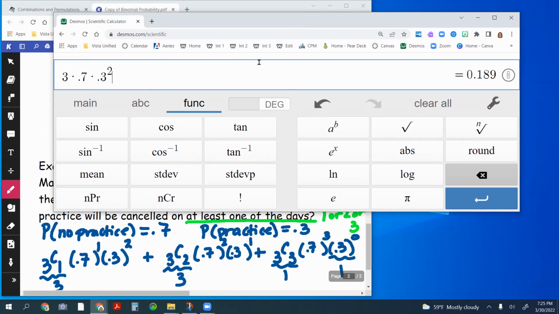Okay, plus, and then I'm going to do 3 choose 2, which is also another 3, times 0.7 to the second times 0.3 to the first, which is going to be a 0.3, plus 3 choose 3 is just a 1, times 0.7 to the third times 0.3 to the 0, which is again a 1. So I got 0.973.